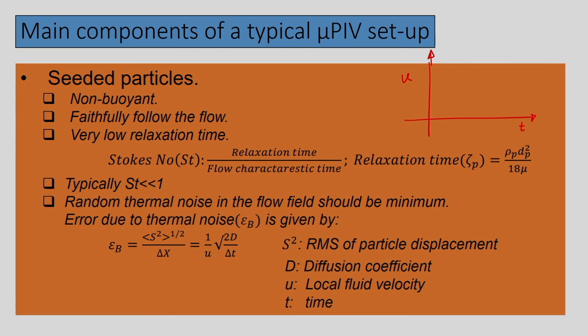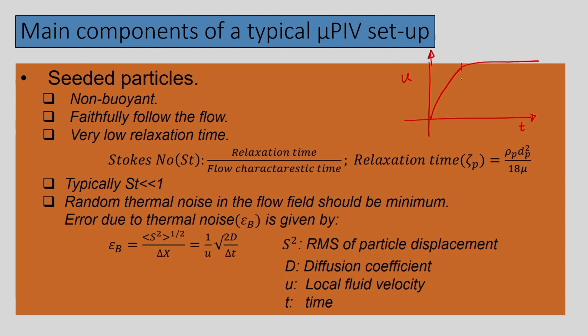switch is on, the liquid will start to flow through the microfluidic device, and particles also will start to flow. Say I am drawing this: the particle velocity is initially 0, the liquid velocity is here. So, it will take a certain time to reach the liquid velocity, and then the liquid velocity and particle velocity will be equal.